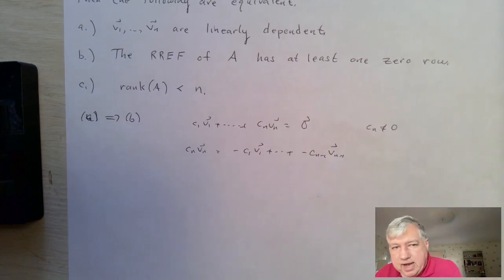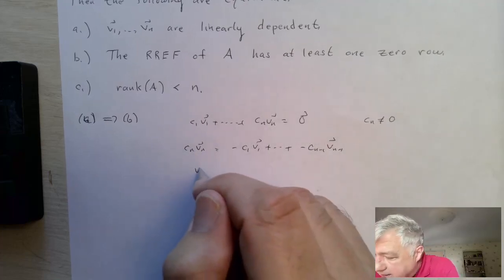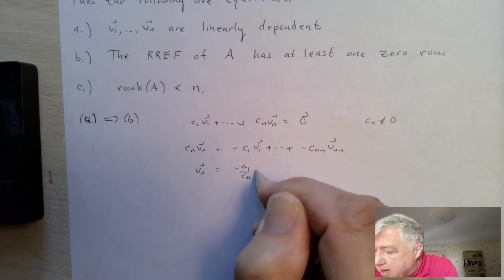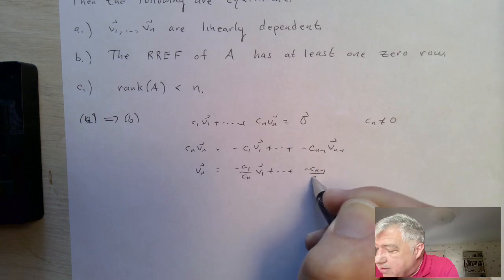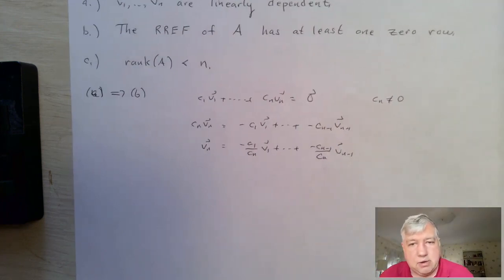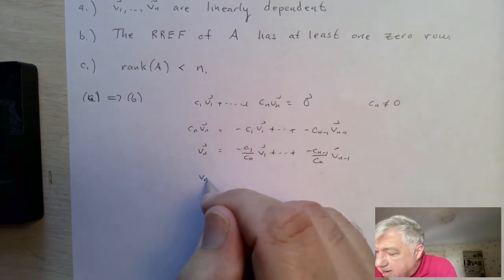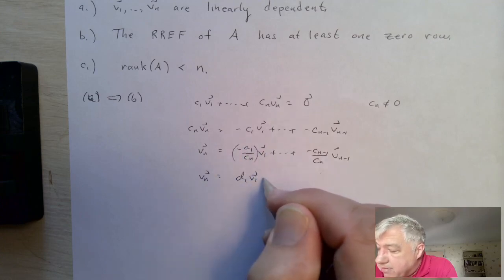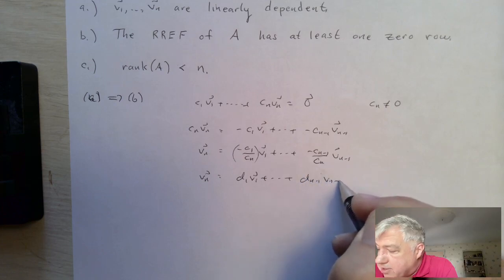We can divide both sides by Cn since it's not 0, and we get that Vn is minus C1 over Cn V1 plus dot dot dot plus minus Cn minus 1 over Cn Vn minus 1. Okay, so Vn is a linear combination of these others, and we can give these fractions a name. We'll call them D1, so Vn is D1 V1 plus dot dot dot plus Dn minus 1 Vn minus 1.